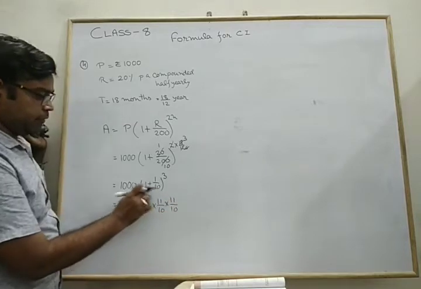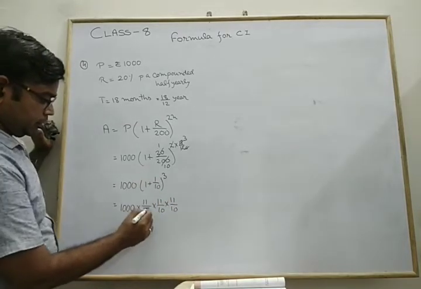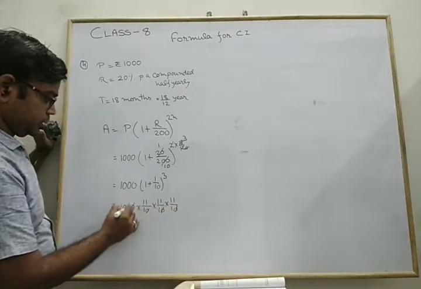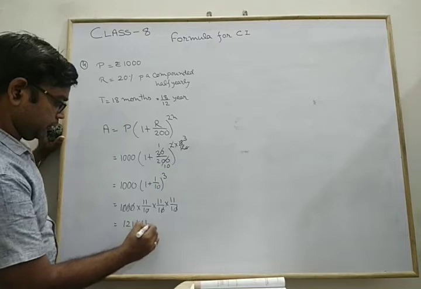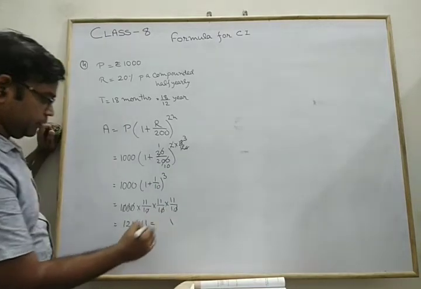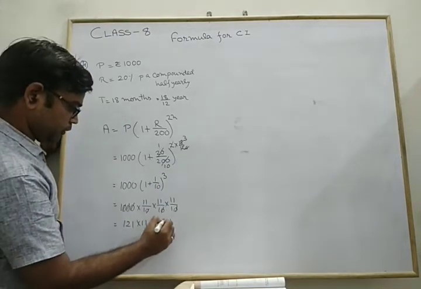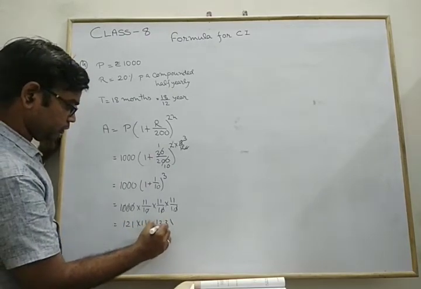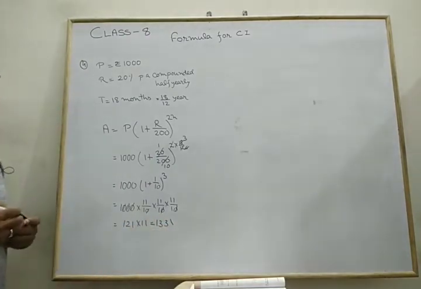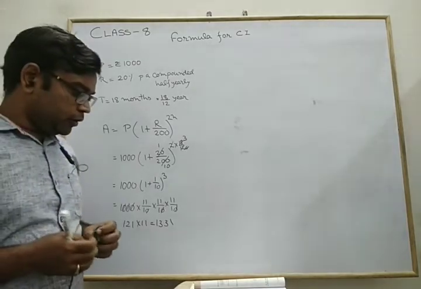This 11 comes from 10 plus 1. Solving this, the 10s cancel, and it's 121 into 11, which gives 1331. This is the amount we observe.